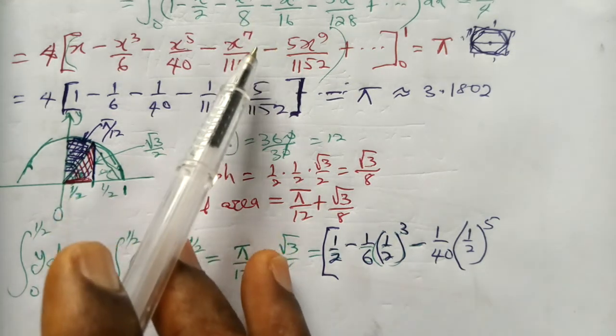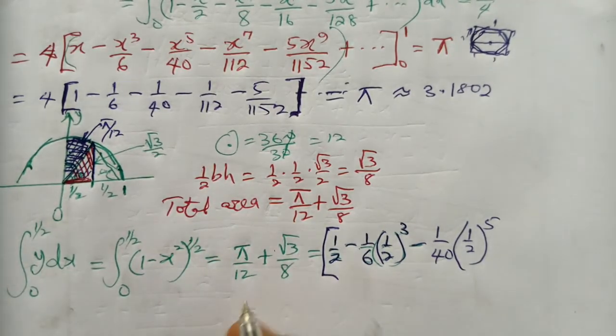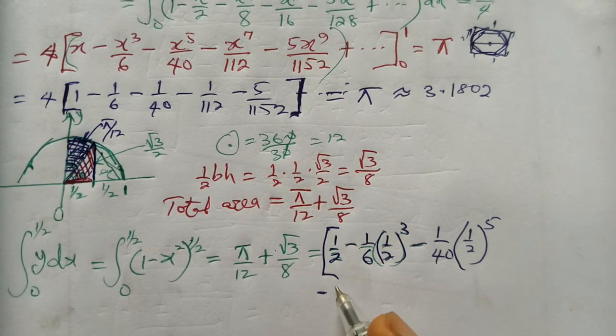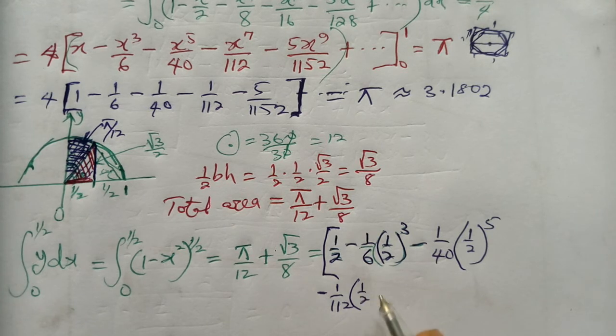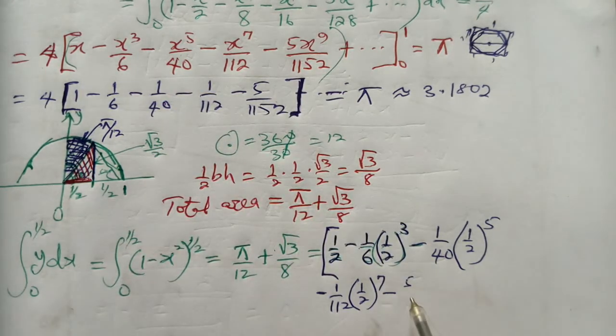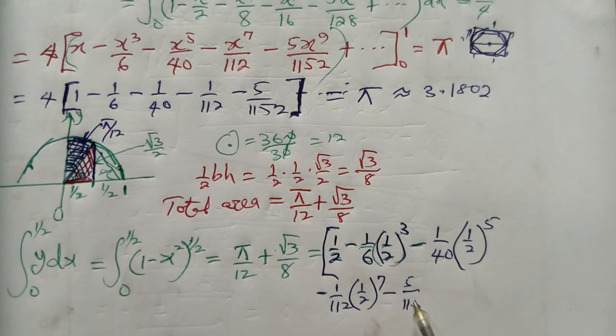If we put half here now, we'll get minus 1 over 112 times half raised to power 7, minus 5 over 1152 times half raised to power 9.